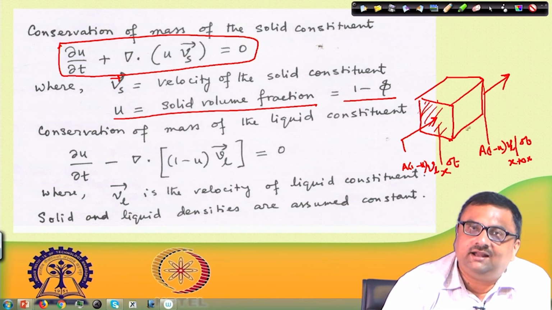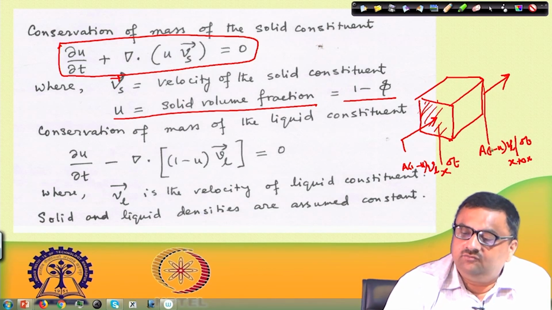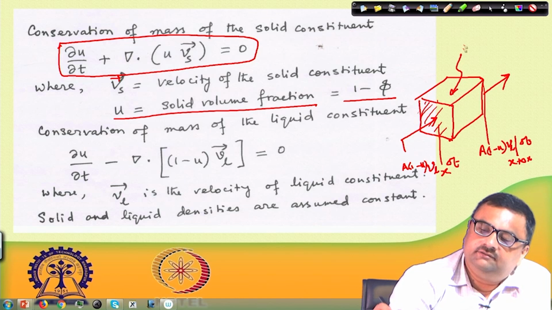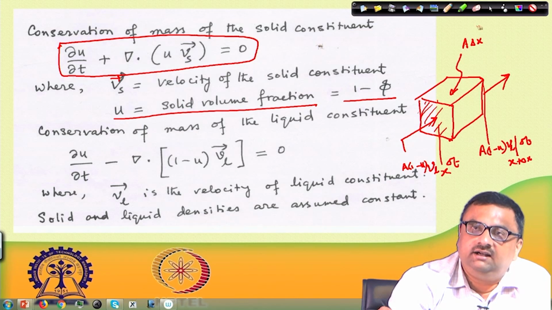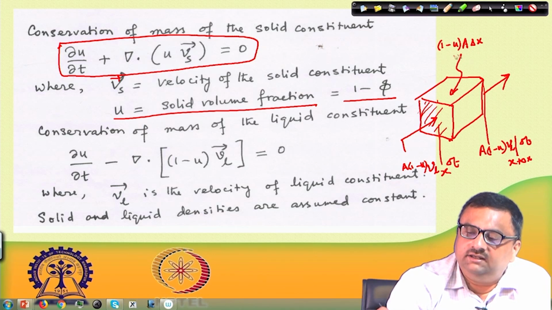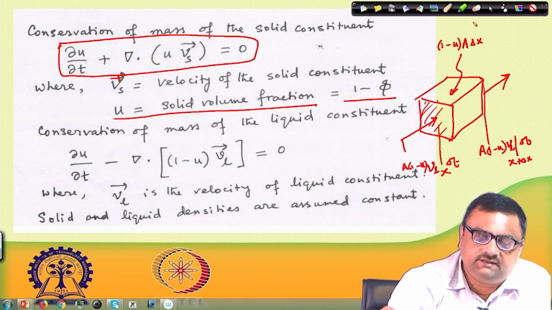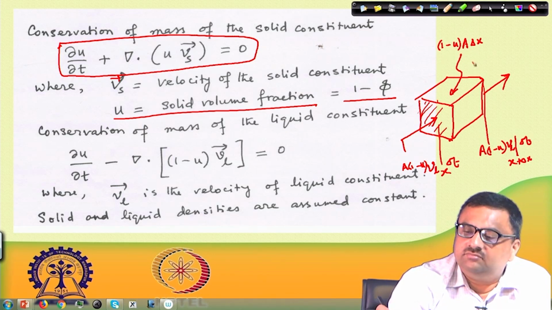If we look at the accumulation inside, the total area is A and the total volume is A delta x. Out of that, phi into A delta x is the volume occupied by the fluid. So if any change happens, we write it as the change in 1 minus U. Here 1 minus U is the porosity, while U is the solid volume fraction.